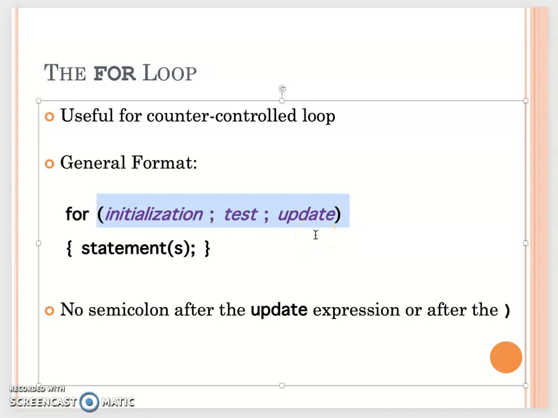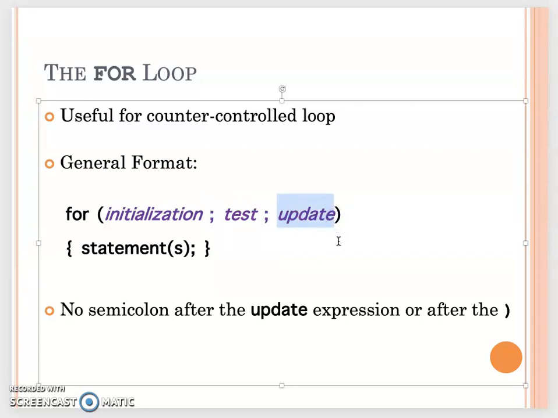The same thing for the if, you have an expression. But for the for loop, in the parentheses, we have three specific statements you need to include. That's why you can see here, I have the initialization, then semicolon, then the test, then semicolon, then update.